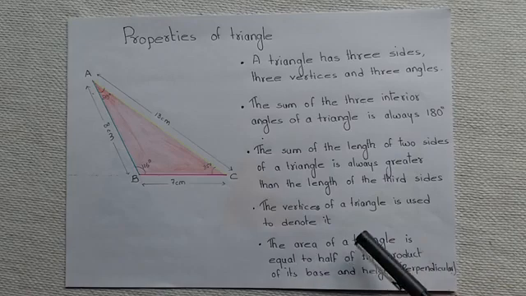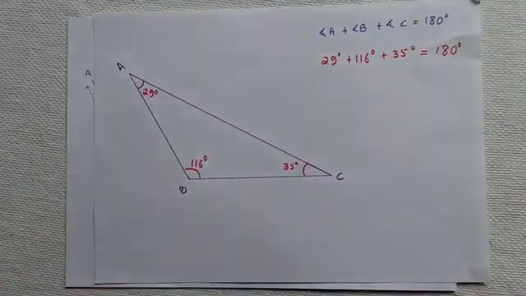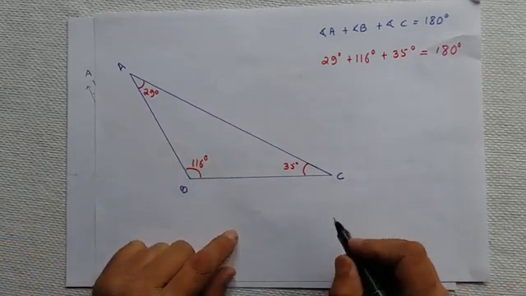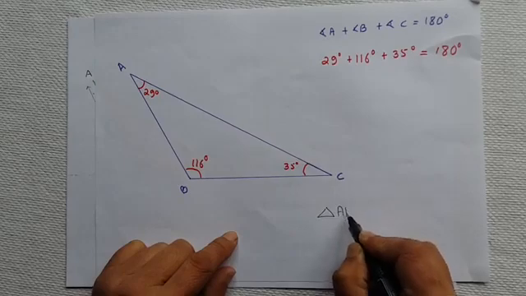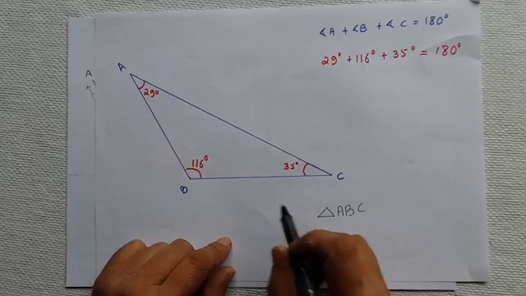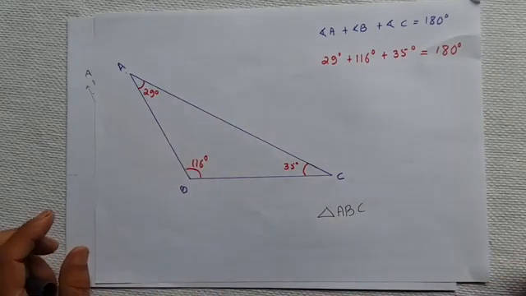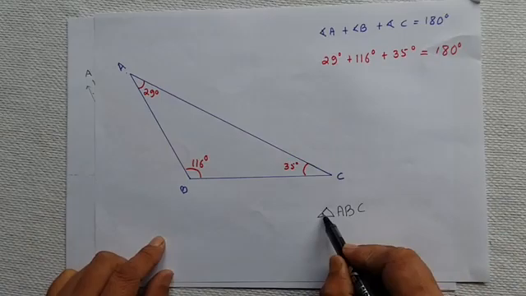Now we have another property, that is, the vertices of a triangle are used to denote it. Here I have a triangle again. A, B, C are the vertices. So to name this triangle, we use triangle ABC. I use the vertices of this triangle to name it. So to name any triangle, we use the vertices and a symbol.